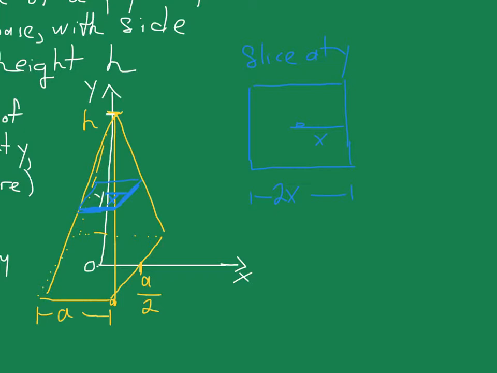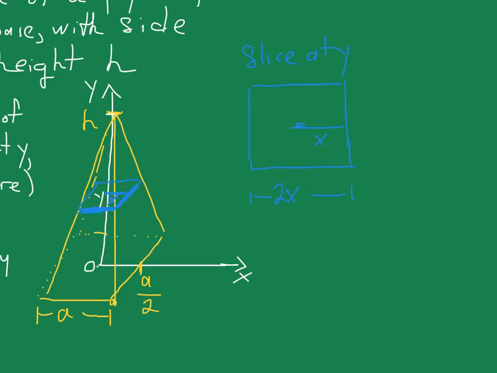Well, looking at the pyramid here on the left, we're looking for our value of x here. And what I'm going to do is take a peek at this triangle that we would get by intersecting our xy plane, the positive xy plane, I guess, the first quadrant of the xy plane, with our pyramid.